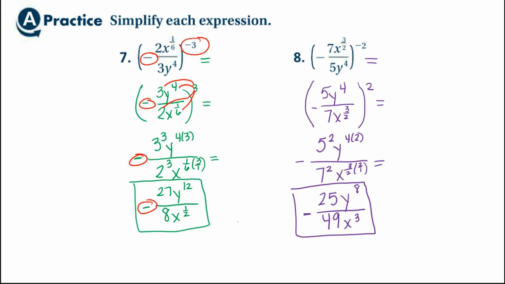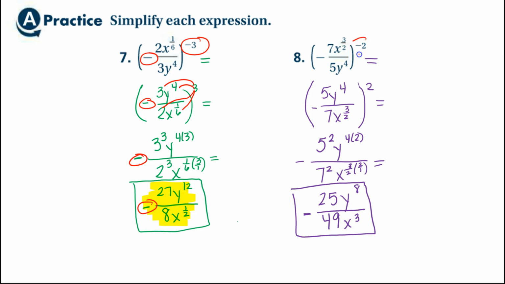So 3 to the 3rd, y to the 4 times 3 over 2 to the 3rd, x to the 1 over 6 times 3 over 1. It ends up with a negative 27y to the 12th over 8x to the 1/2 power. And again, the entire thing is negative. That negative just carries down into the answer.